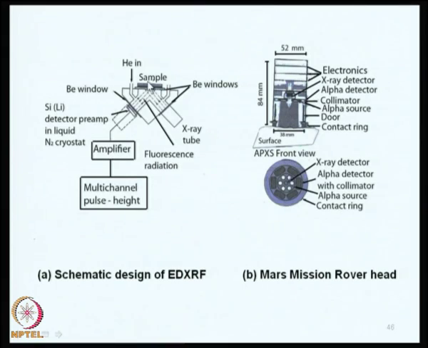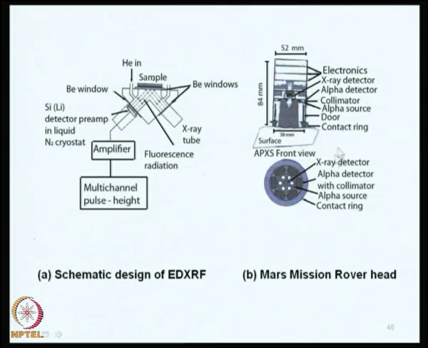Here you can see the amplifier, the sample, then helium cooling, and then the beryllium window, and then a detector, and then an amplifier and a multi-channel pulse height analyzer. So fluorescence radiation keeps on coming like this. For each element, you will have different kinds of crystals and detectors.